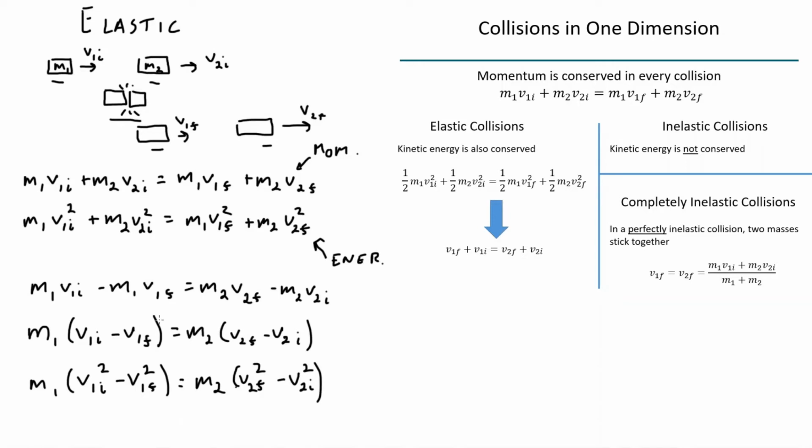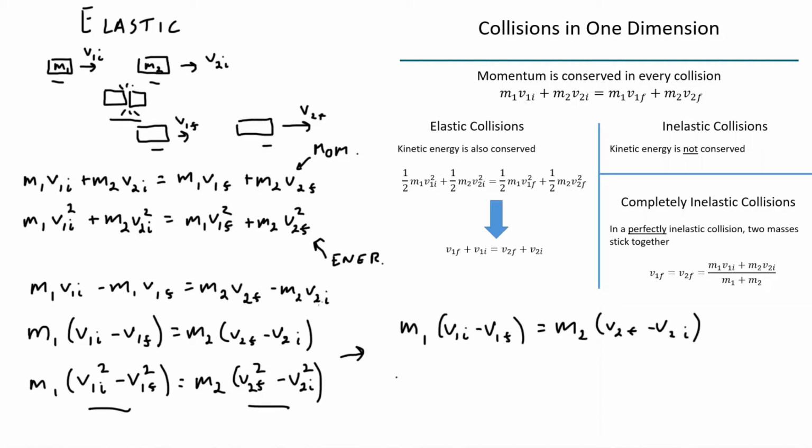Okay, so remember, these are differences of two squares. I can factor those. So what I get is, well, the momentum equation is still M1 times V1 initial minus V1 final equals M2 times V2 final minus V2 initial.